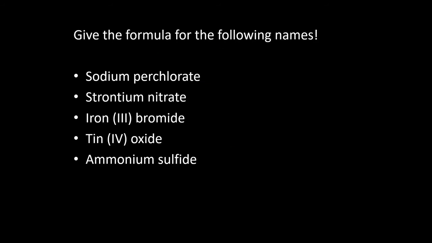Alright, so then the last little bit here for this video, we're going to give the formulas once again, but these are a little bit more complicated because now a couple of these have the Roman numerals with the charge. So I think I'll do this one and this one with you, and I'll let you do the other ones.